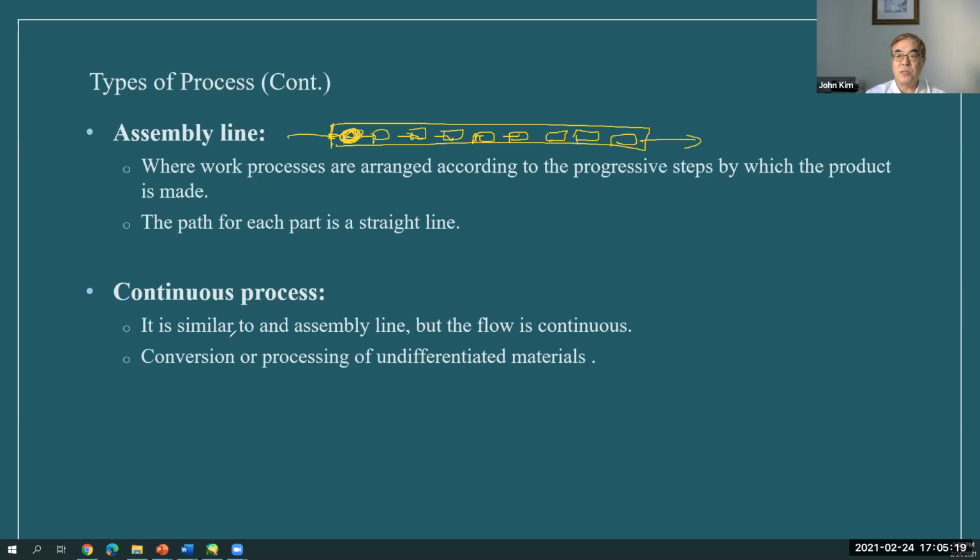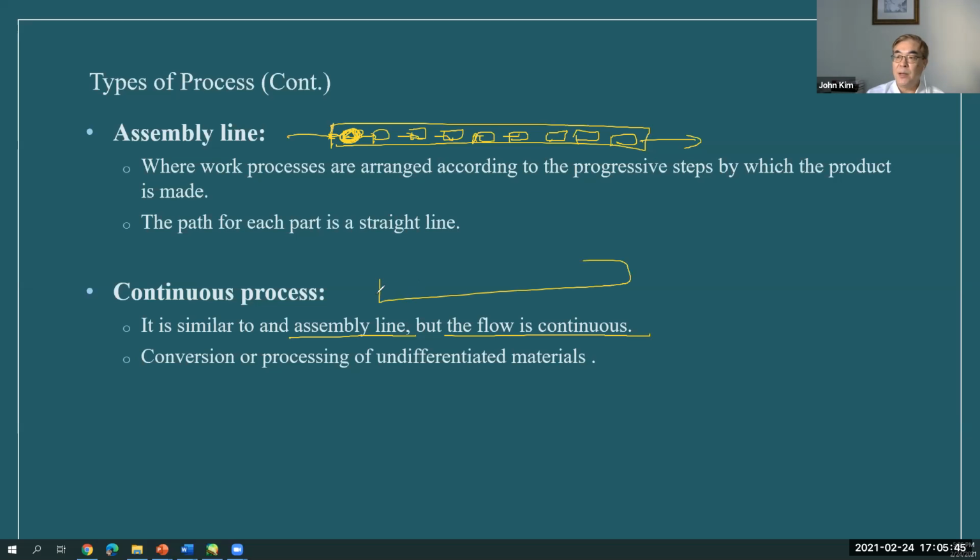Continuous process. This one is similar to assembly line type, straight line type, but the flow is continuous. Like recently when we watched TV news, you saw the vaccine bottles move continuously, right?